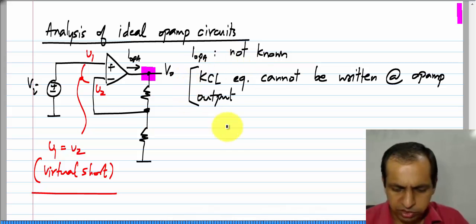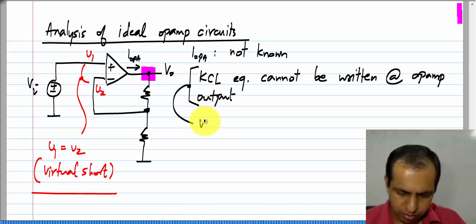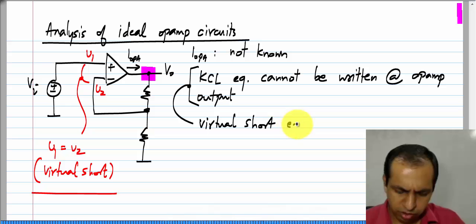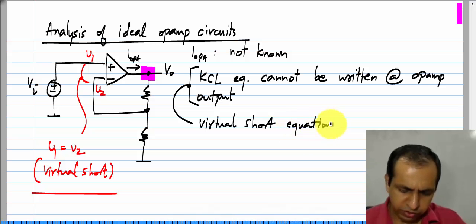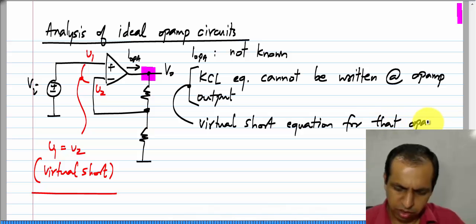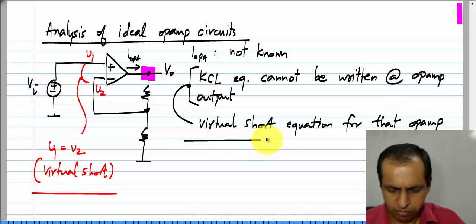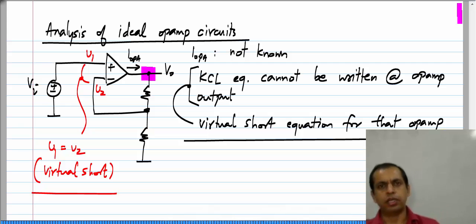So, the KCL equation at the op amp outputs is replaced by the virtual short equation for that op amp. So, that is the way we analyze op amp circuits in general.